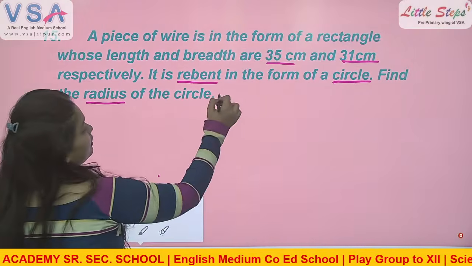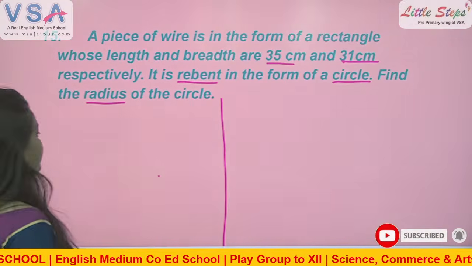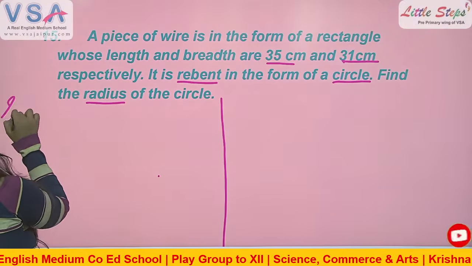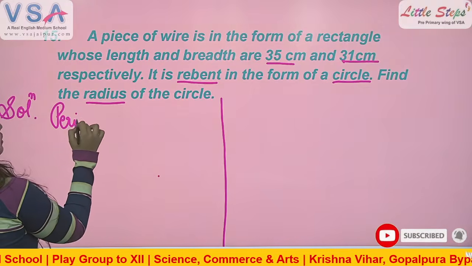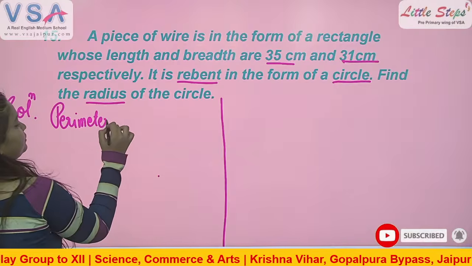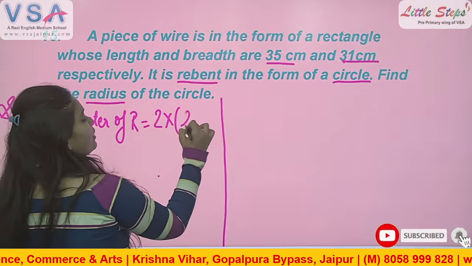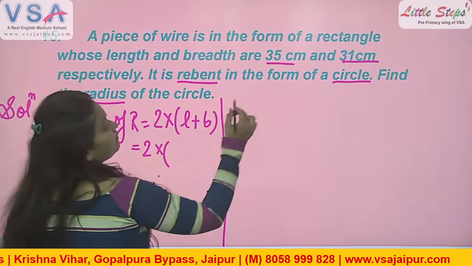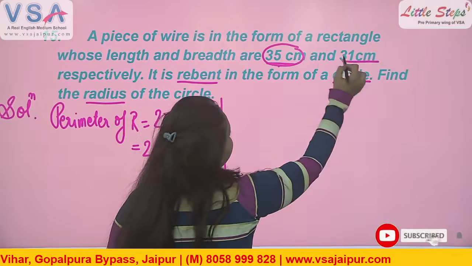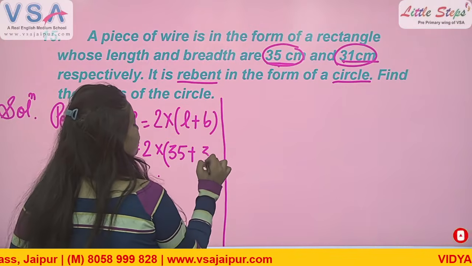First of all, we need to find out perimeter of rectangle. What is the perimeter of rectangle? Tell me. Perimeter of rectangle is equals to 2 multiply L plus B. This is the formula. 2 multiply length कितना given है? 35 and breadth कितना given है? 31. 35 plus 31.